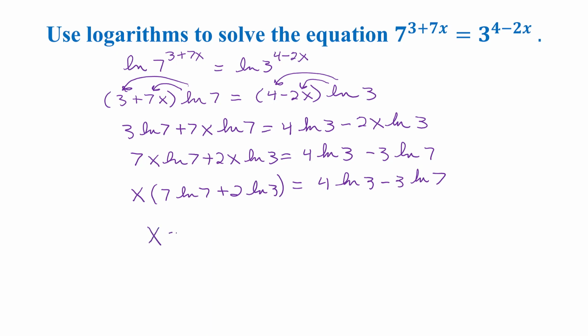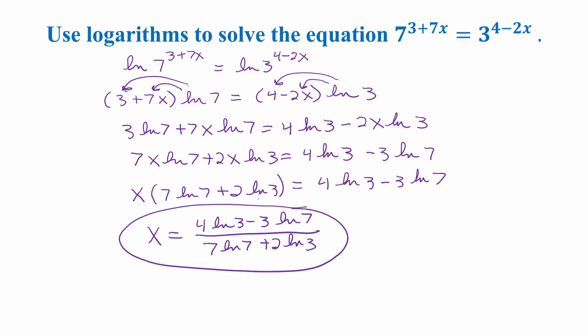So our final answer is x equals 4 natural log of 3 minus 3 natural log of 7 over 7 natural log of 7 plus 2 natural log of 3. Okay, and we want the exact answer here. We do not want a calculator approximation.